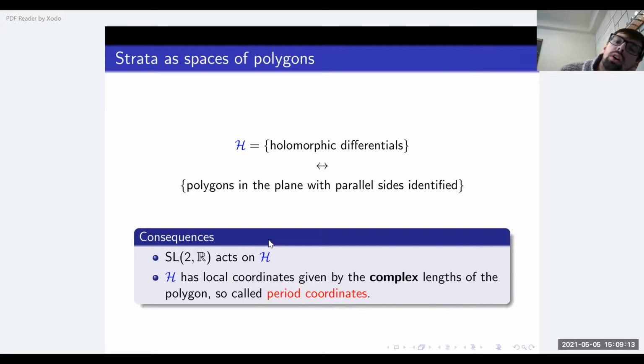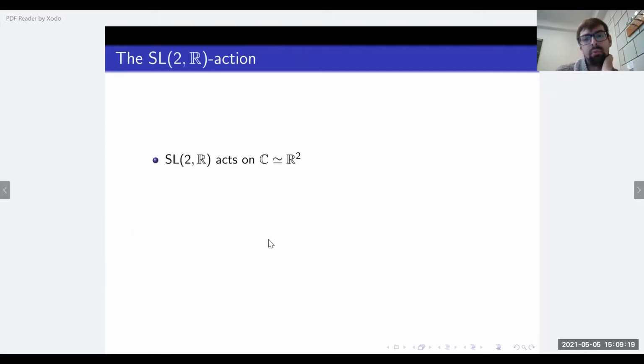Okay, so I now want to start describing this SL(2,R) action a little bit, because it's very important for what I'm doing. So the thing is that SL(2,R) just acts on C. If I think of C as R^2, then SL(2,R) just acts on R^2 by matrix multiplication. And since I have a polygon in R^2, I can just take the image under this action, and I get a different polygon.